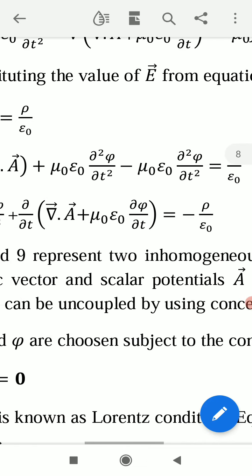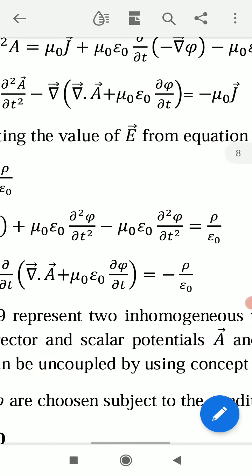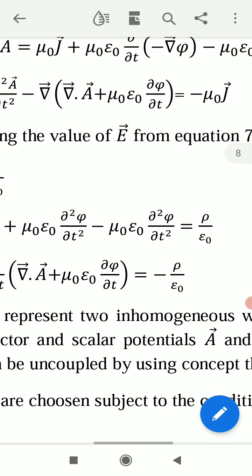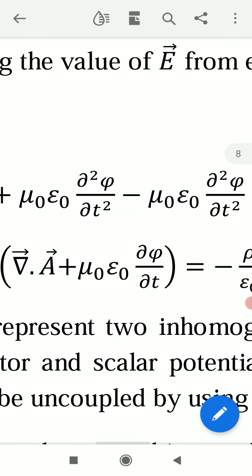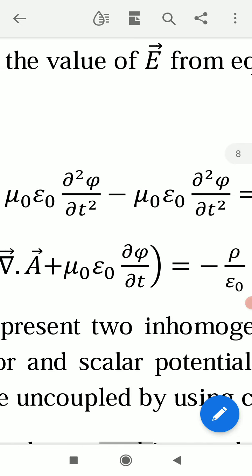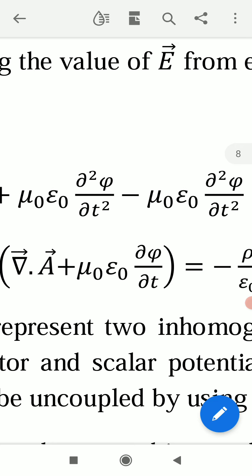equal to rho upon epsilon 0, and we add and subtract here mu 0 epsilon 0 d2 phi upon dt square. These are the two terms, one is plus and other is minus. We add and subtract this term mu 0 epsilon 0 d2 phi upon dt square.